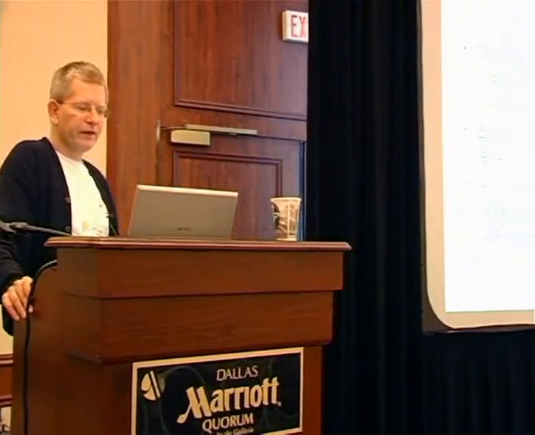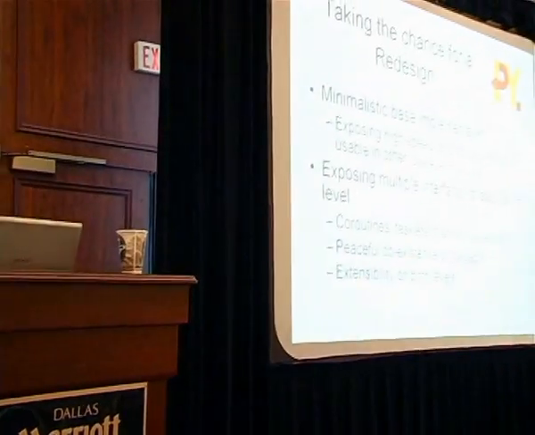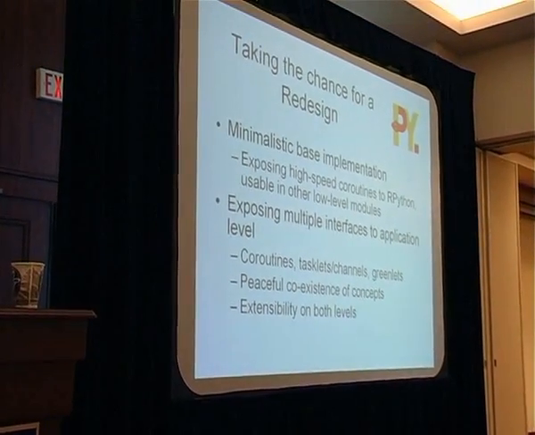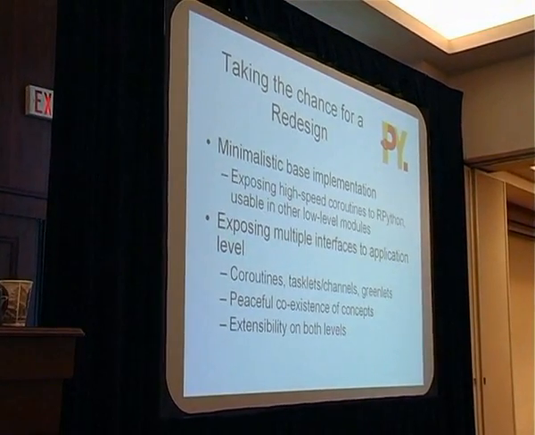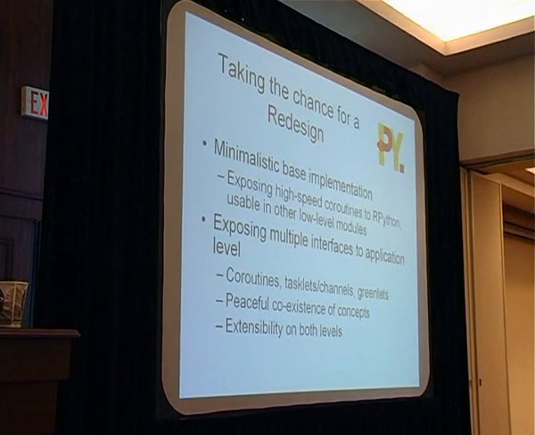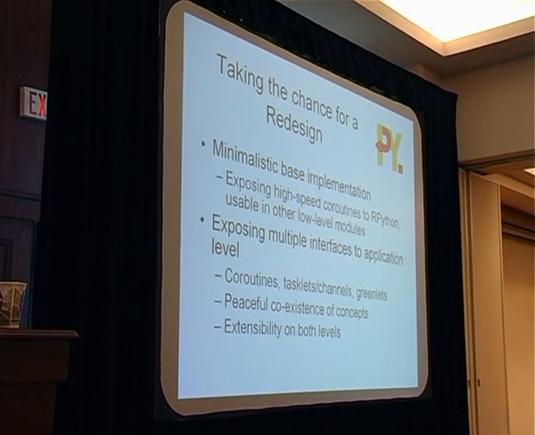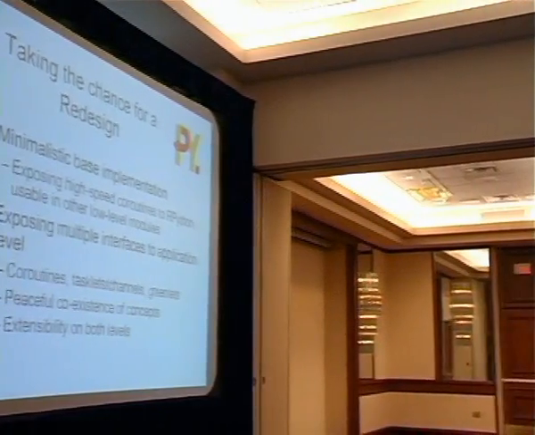Actually all these concepts can be merged into one, and they can be supported by one simple basic coroutine switching interface, and they can live with each other without interference. So you can have coroutines, tasklets, greenlets, or other structures at the same time, and they will switch and they will not interfere with each other, and they will not slow down each other because they simply don't see each other.